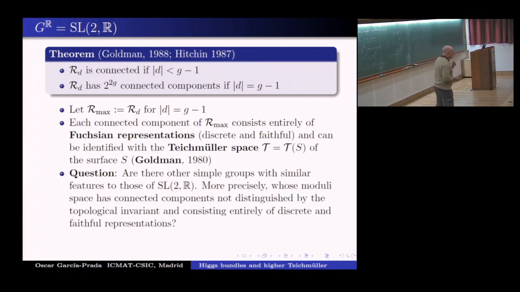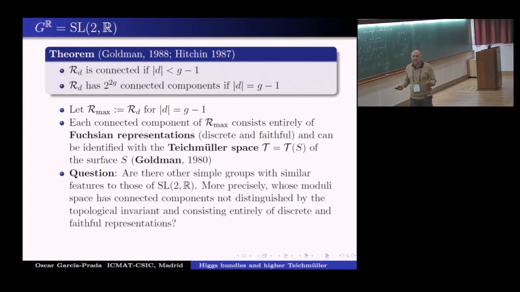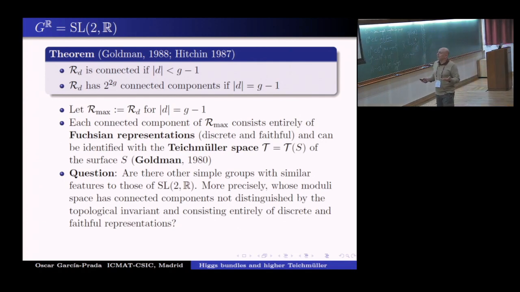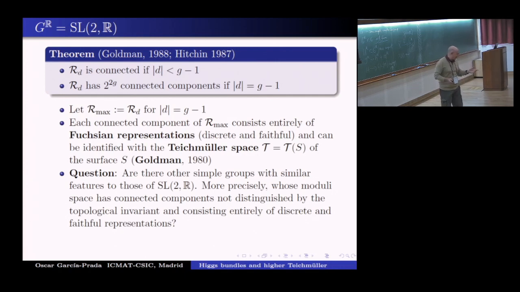And second, whether there are components that consist entirely of discrete and faithful representations, and if so, what is the geometric significance of those components? Necessarily, those groups cannot be compact and cannot be complex, for the reasons we explained before. So we are looking at non-compact real groups that have these properties. That is the question one can ask.